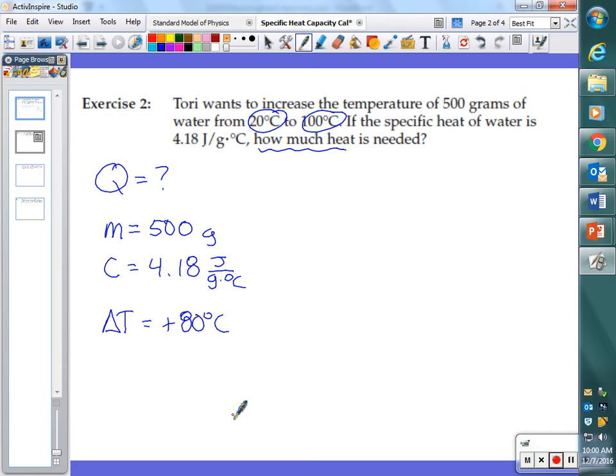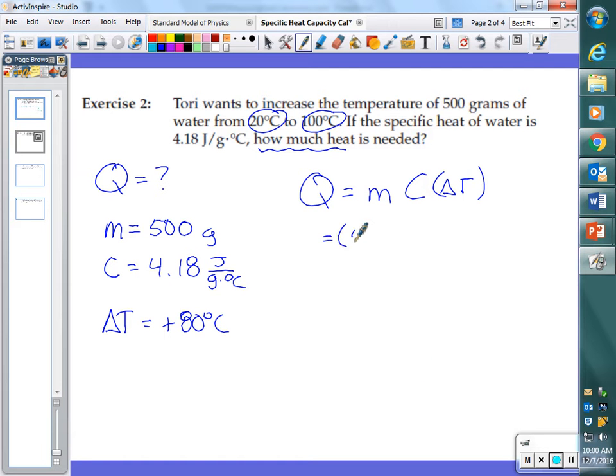All right, so we just learned that to figure out the amount of energy, we multiply the mass by the specific heat by the change in temperature, okay? Now, one thing that I'm going to do with this one, I don't expect you necessarily to do this every single time, but I want to do it this time to show you a couple of things about where we're ending up here.